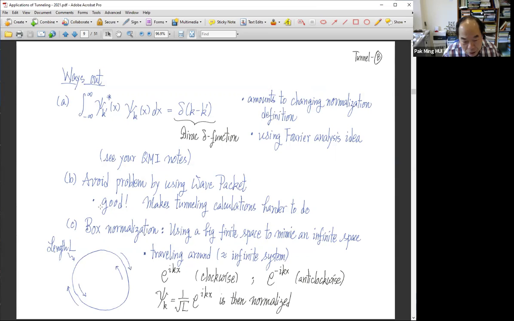A third way to do that is something called the box normalization, a rather clever idea. The idea is to use a finite space, but rather big one, so as to mimic, to model an infinite space. The idea is this is a one-dimensional analogy. I have a long wire, L in length, but I connect the two ends together so it's like a circle.